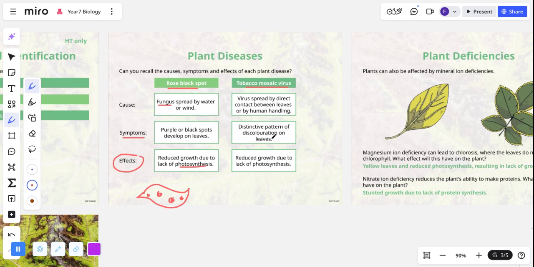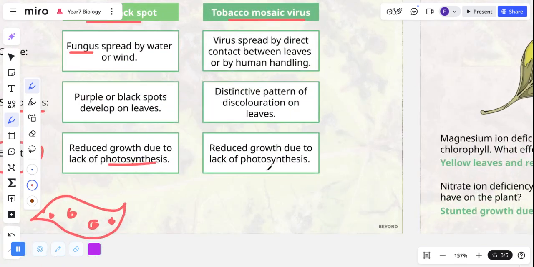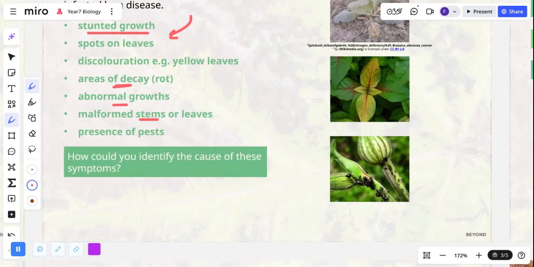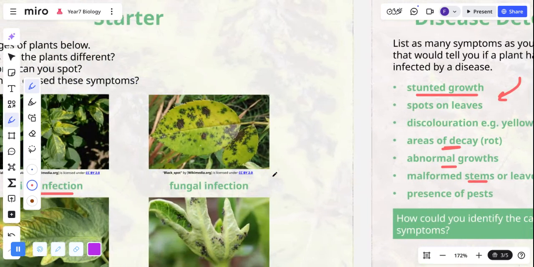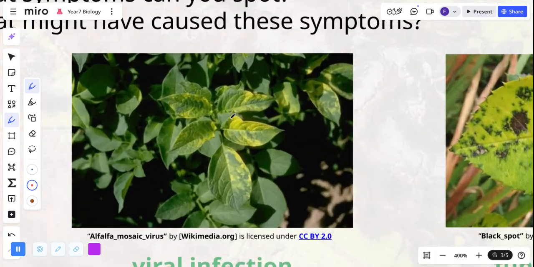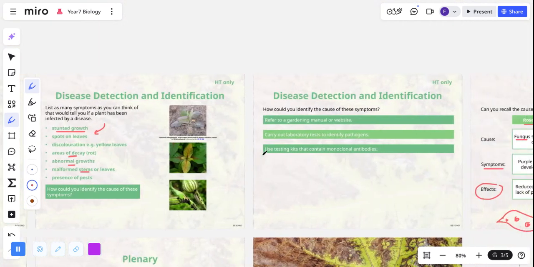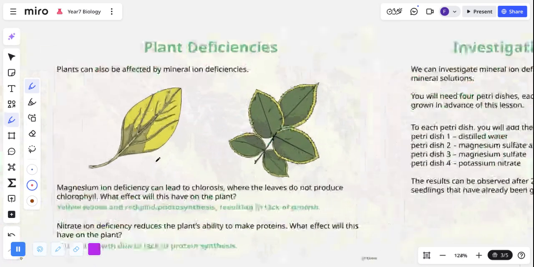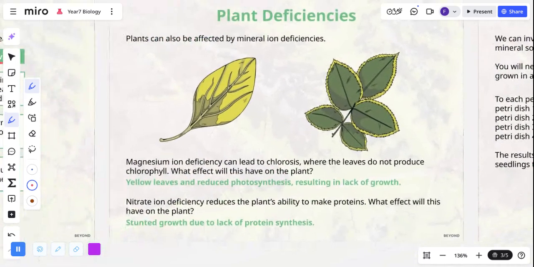And it's got specific discoloration, all right? You still have reduced growth. And what I mean by discoloration, if we go back over here, we will see this is discoloration due to a virus.